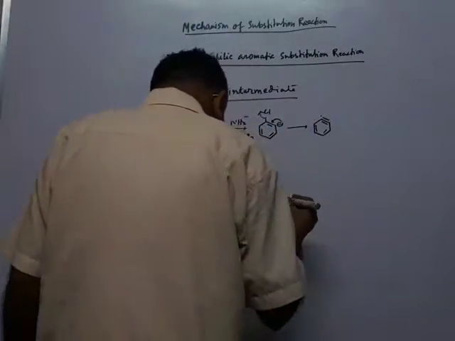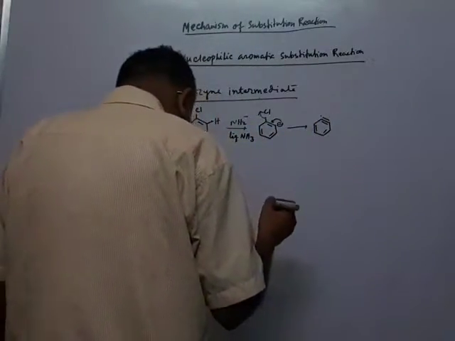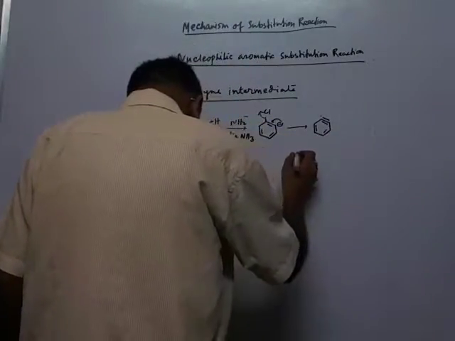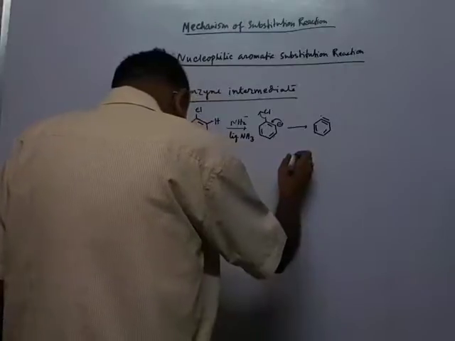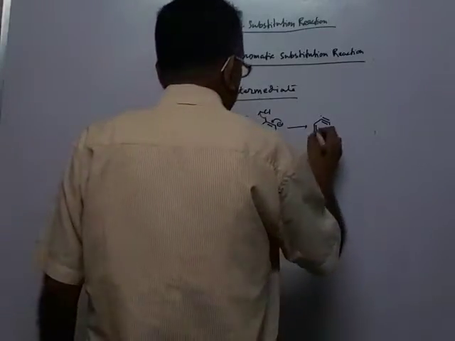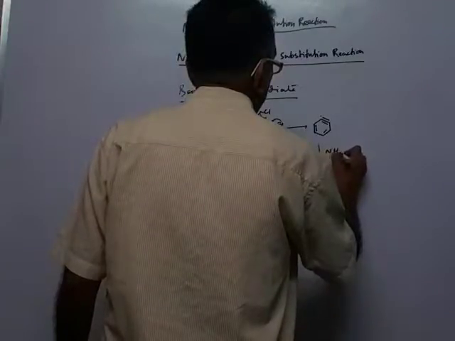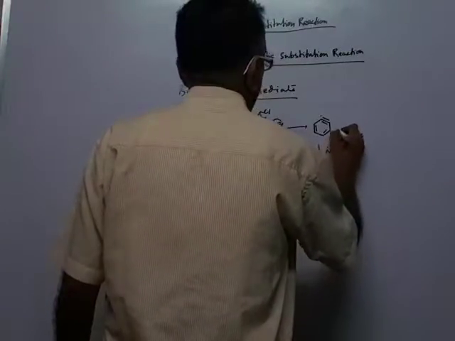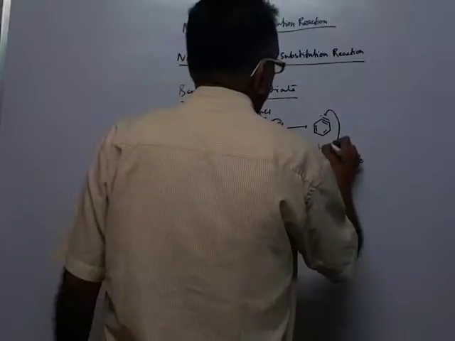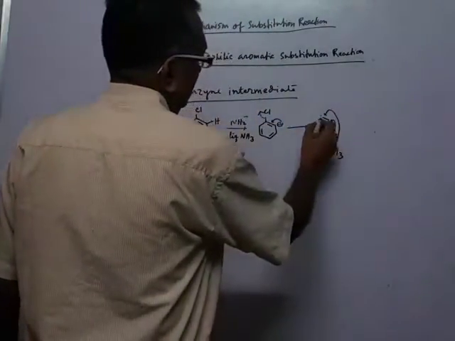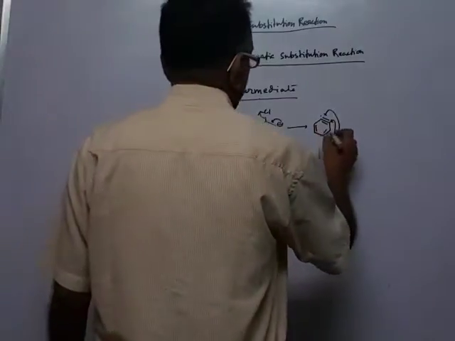Now, this ammonia attacks the benzyne intermediate here. The attack can take place either on this side or on this side. Either from this end or this end, this ammonia can attack.